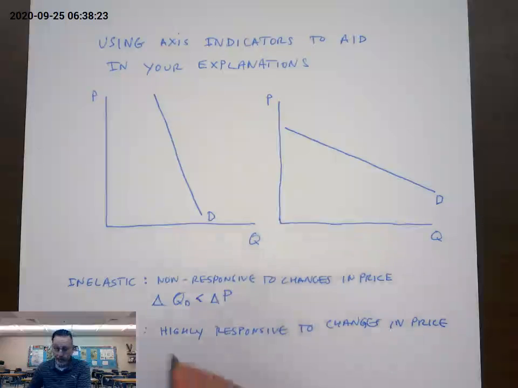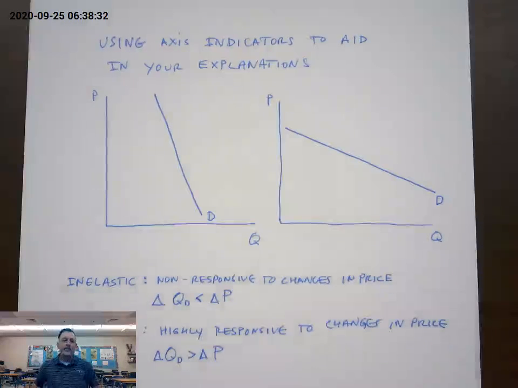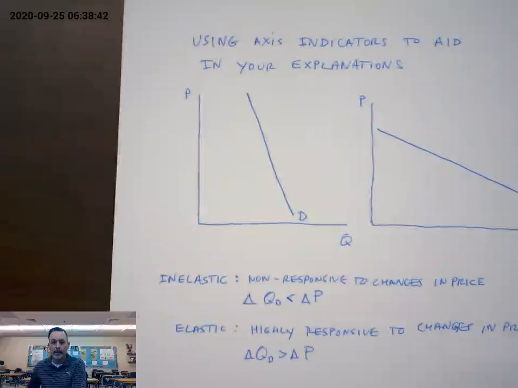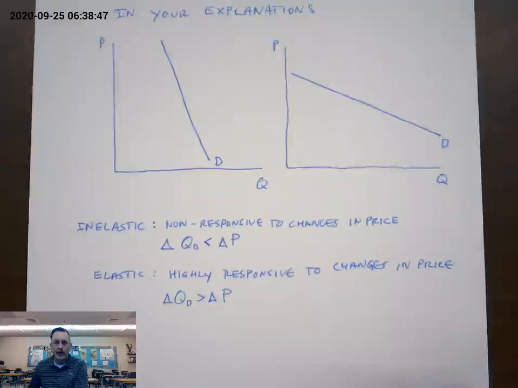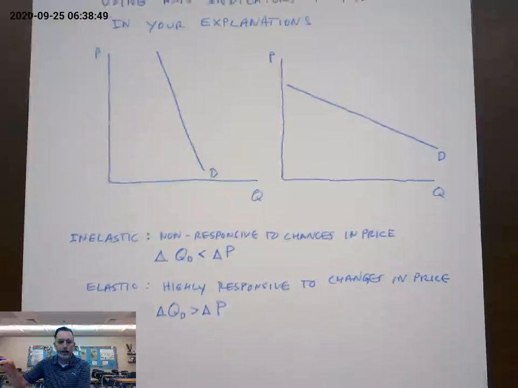And our notation there would be that our change in quantity demanded is going to be greater than our change in price. And so when we look at those things, we can now use the graphs to show what we are talking about here. I just noticed I covered up the elastic notation there. So let's see if we can do that a little bit better.